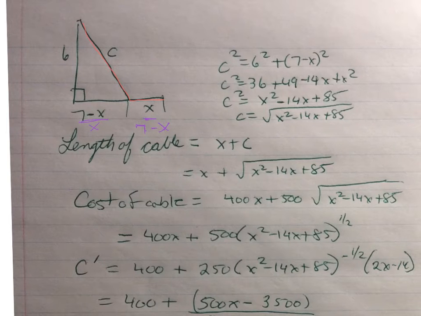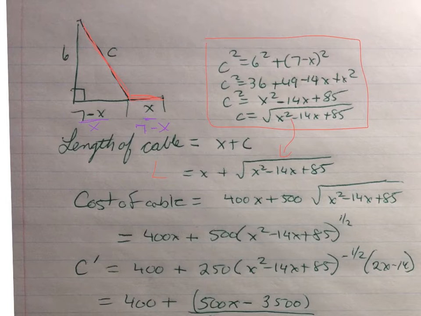But what I did first is I assigned the shoreline distance as x, and I called this one c for the hypotenuse of the right angle triangle, and I used the Pythagorean theorem to solve for c in terms of x. Then I took the length of the cable to be x plus c, and I substituted c, what I had just found from the Pythagorean theorem, in there, and that gave me the formula for the length of the cable.